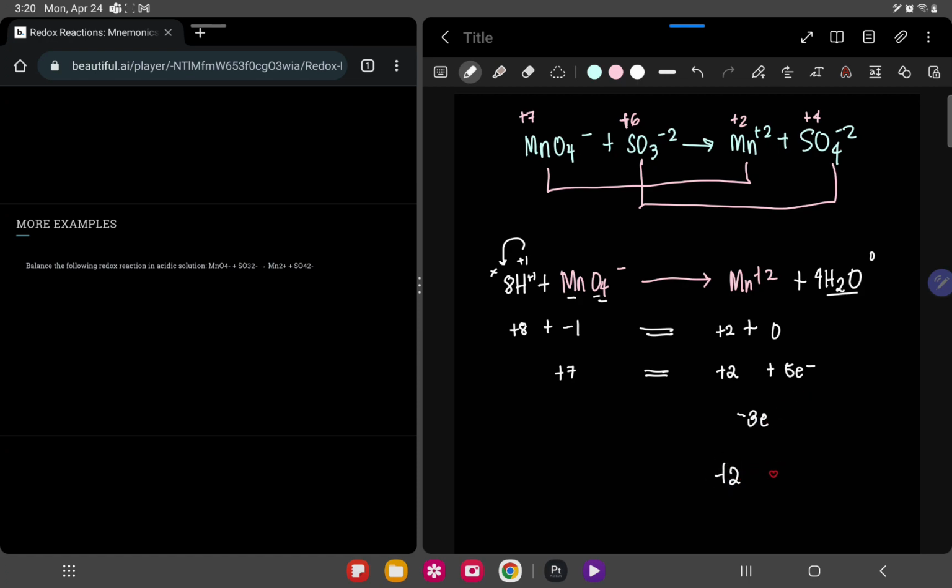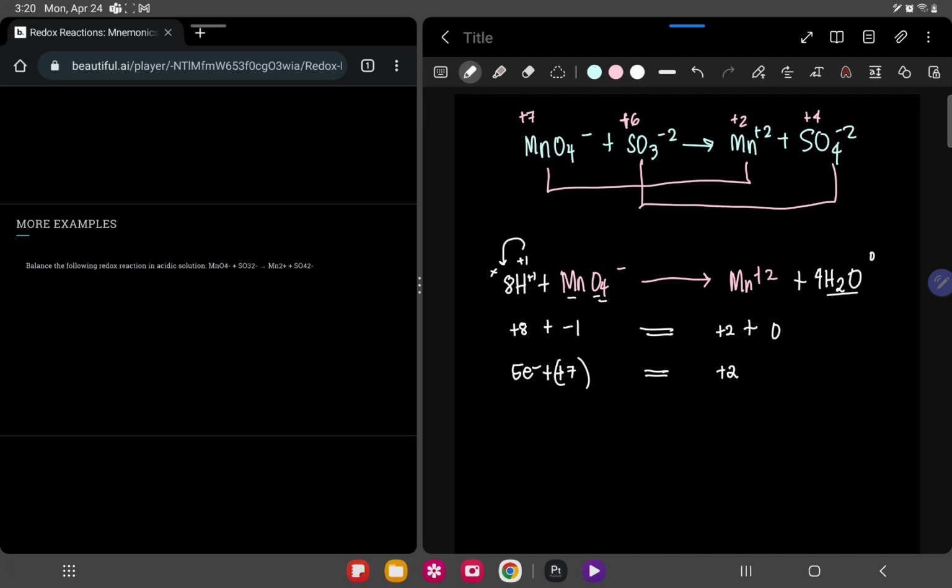Because positive 2 with 5 electrons is similar to saying you have to subtract 5 from your positive 2, and for that you'll gain negative 3 as an end result. That is not nearer to our positive 7, which is our goal to balance out the electrons in both equations. So we add 5 electrons on the other side.